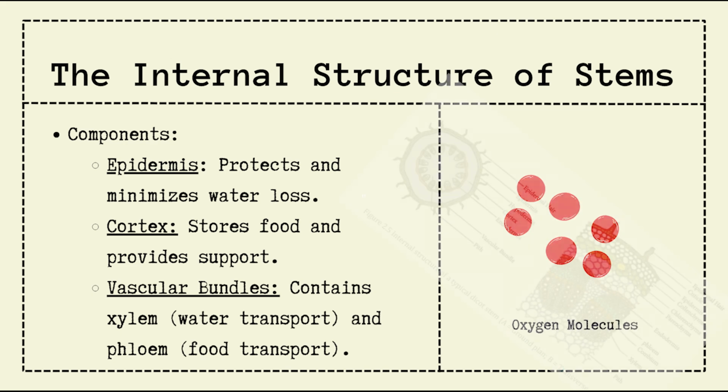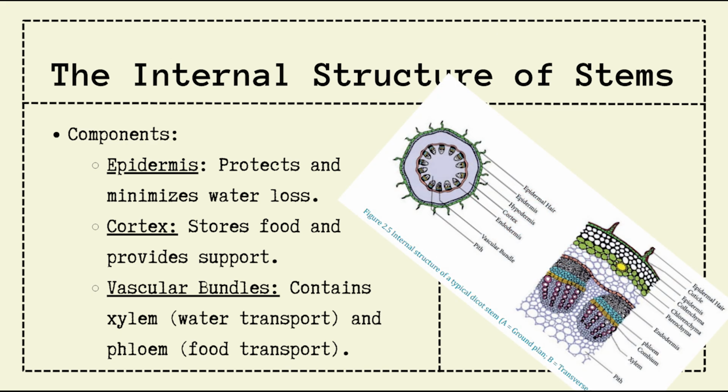Internal structure of stems. Inside the stems, we find several key tissues. The first one is the epidermis, which protects the stem and reduces water loss. The second one is the cortex, which stores food and adds support. The third one is vascular bundles, which are important for transportation, or vascular bundles are the transport system.